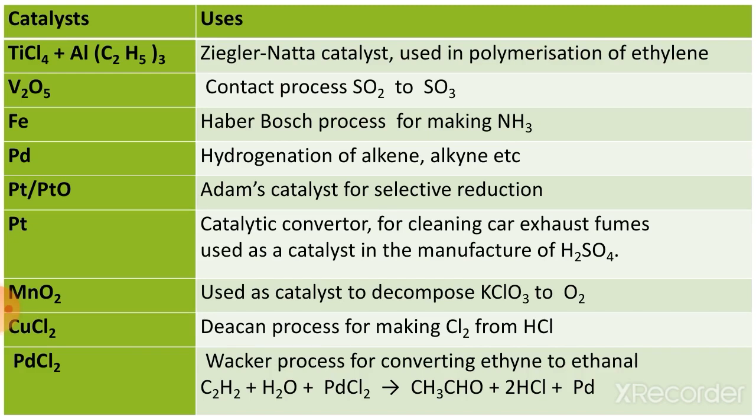Then hemoglobin, this contains Fe2+. The role of hemoglobin is, as you know, O2 transport in higher animals, that is transportation of oxygen in higher animals like us. Then ribonucleotide reductase, this contains Co. This is used in biosynthesis of DNA.